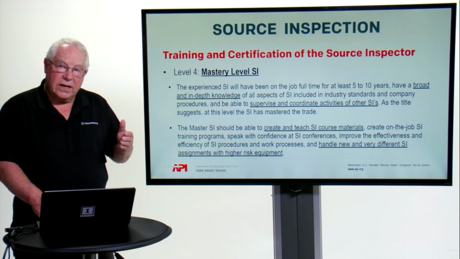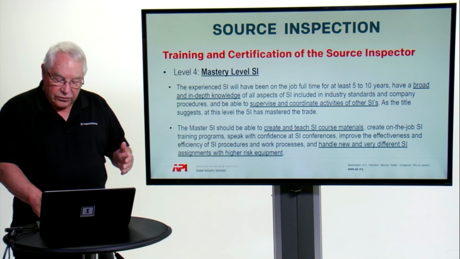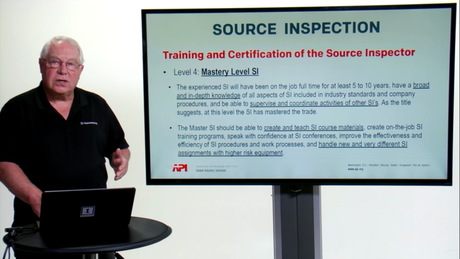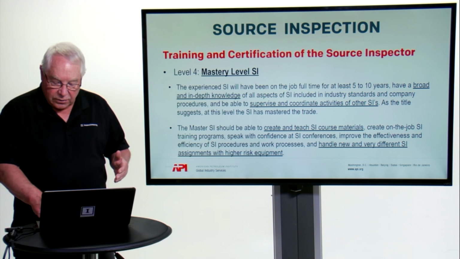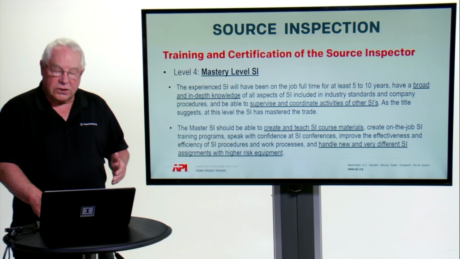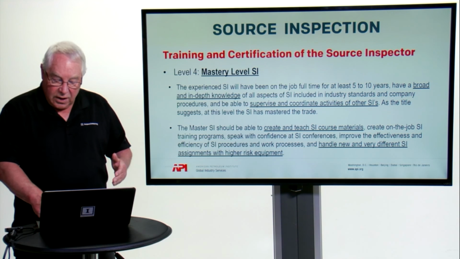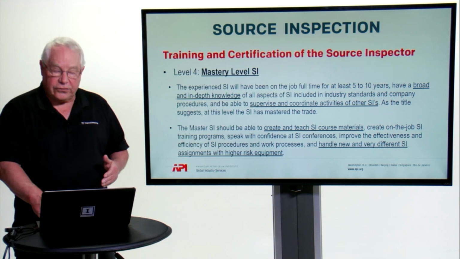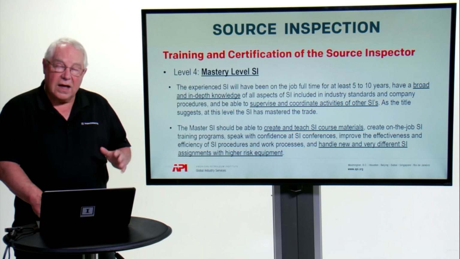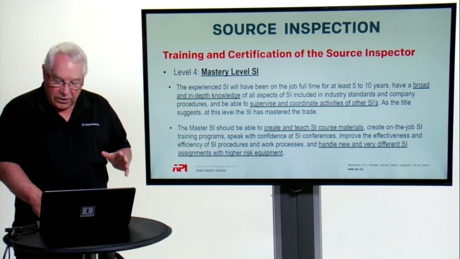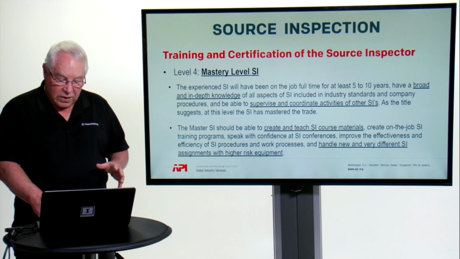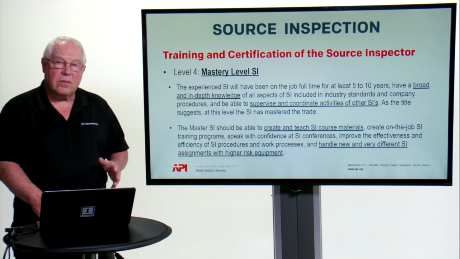And additionally, at this level, the source inspector should be able to create and teach source inspection course materials, create an on-the-job source inspection training program, speak with confidence about source inspection issues at conferences, and basically improve the effectiveness and efficiency of source inspection procedures and processes, and typically be able to handle very new and very different source inspection assignments and higher risk equipment.